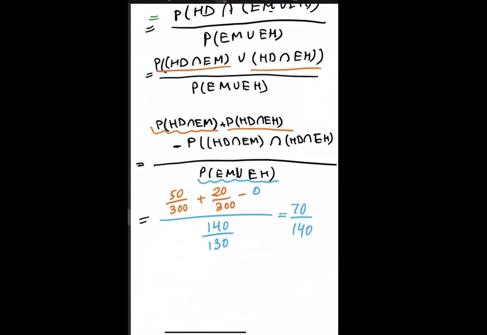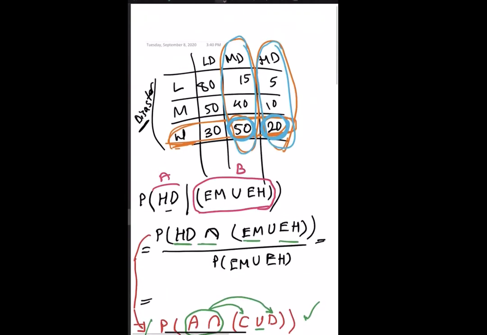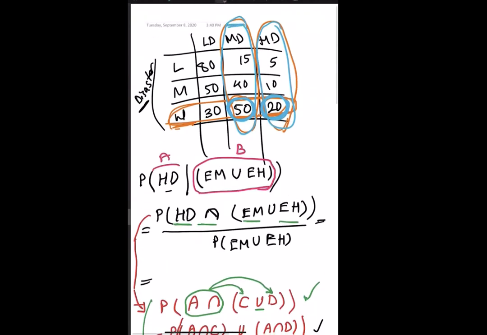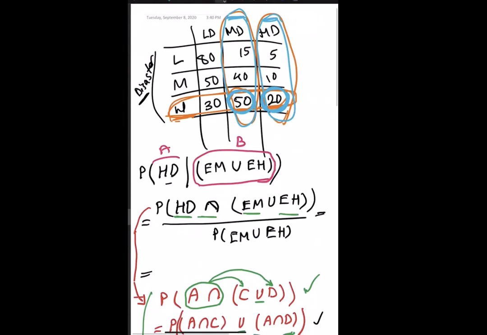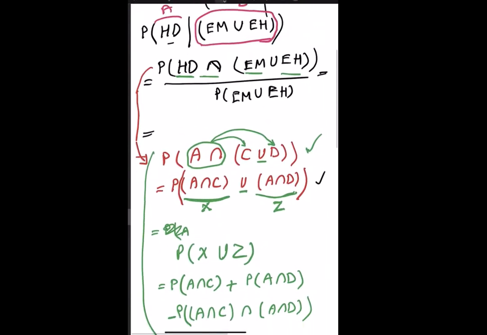Okay, so the denominator is earthquake moderate or earthquake high. So that's these two columns, earthquake moderate is this column, earthquake high is this column. And they have no intersection too, so we don't need to worry about their intersection.